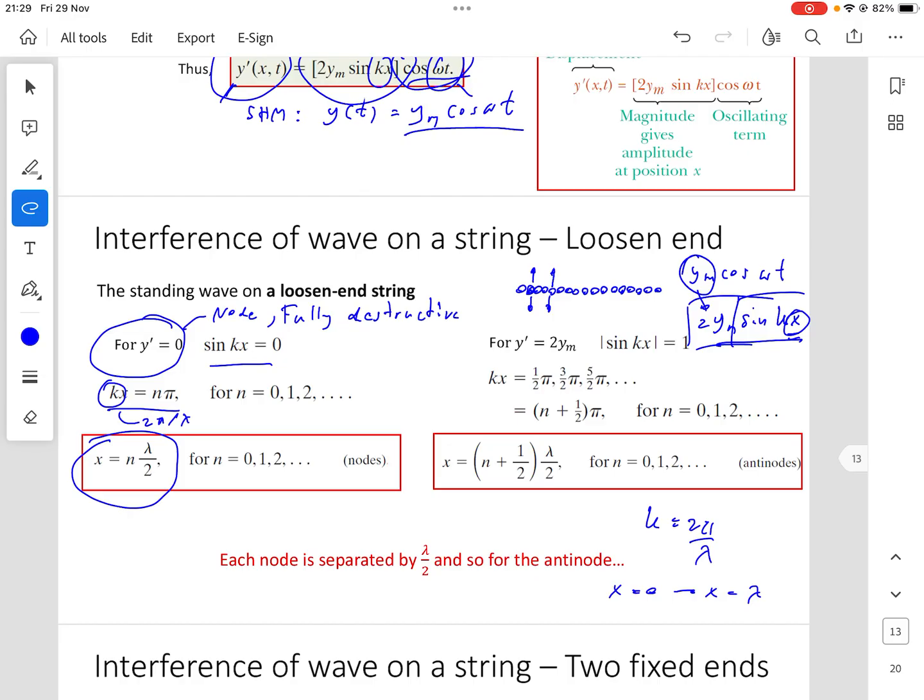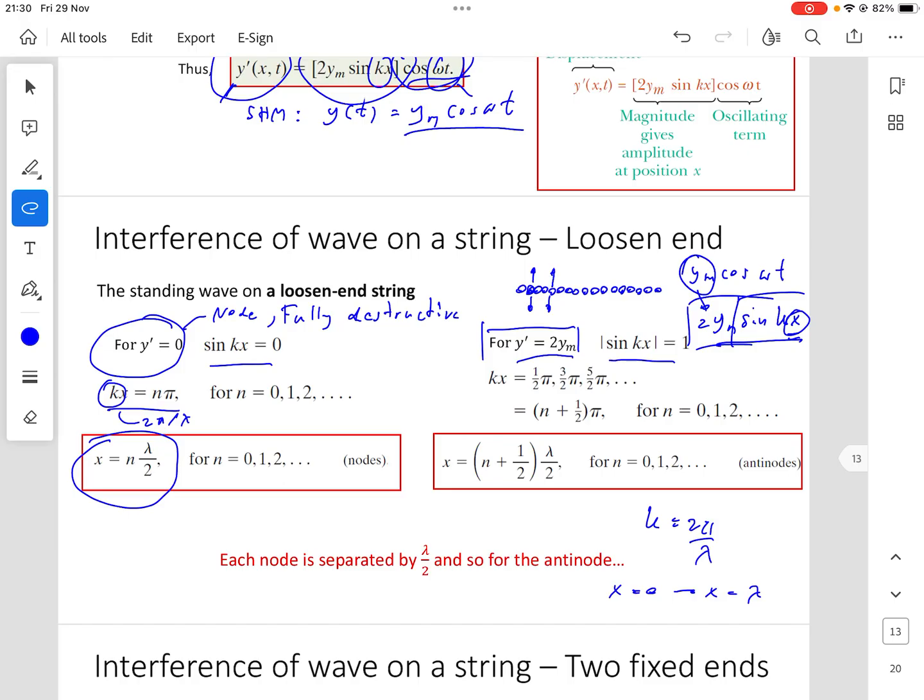I should mention that in the animation you find that the wave is not moving, but it seems like it's just moving up and down. You can also find the position of the antinode, or fully constructive interference, where y prime equals 2ym, which corresponds to the absolute value of sine kx equal to 1.